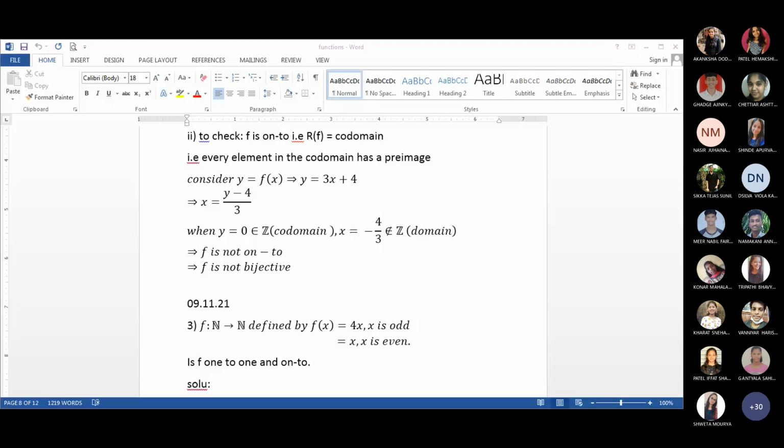So f of x is 4x when x is odd, and it is x when x is even. We have to check whether it is 1 to 1. We have to also check whether it is onto.